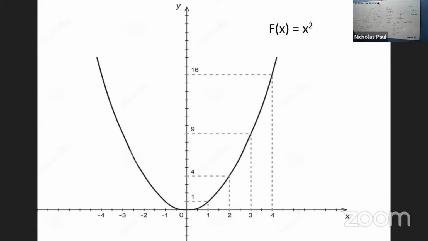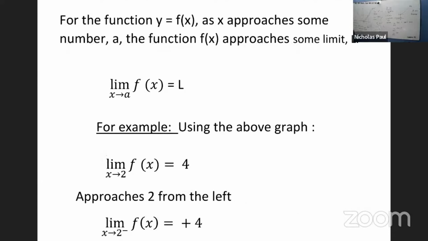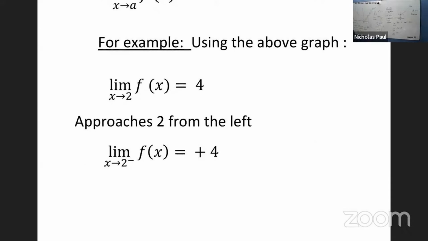All right, so watch here. This here is the function f of x. We need to understand this first part here. For a function y equals f of x, as x approaches some number a, the function f of x approaches some limit. For example, in the graph above, as x approaches 2, f of x is 4. I showed you that already. It's the same function we'll do now again. Next, if you approach 2 from the left, you'll also get 4.